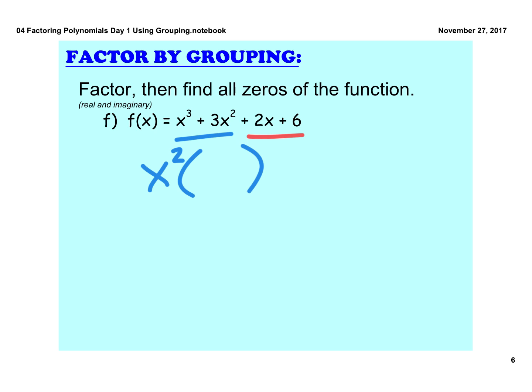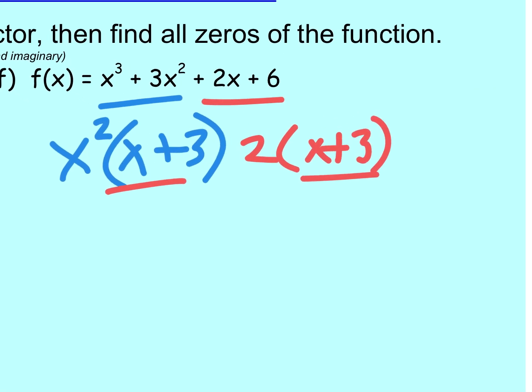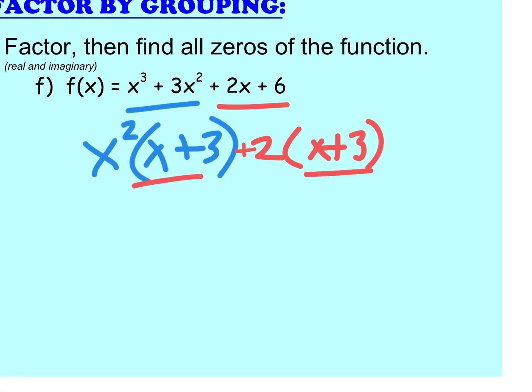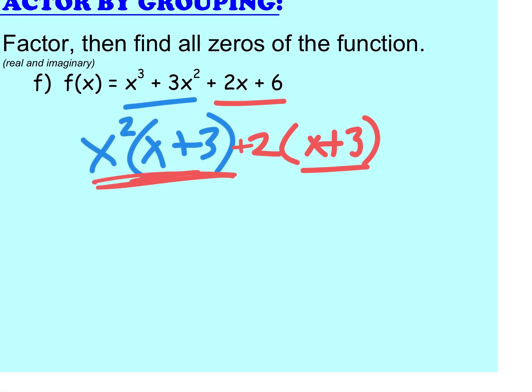x squared comes out of the first part, and I get x plus 3. 2 comes out of the second part, and I get x plus 3. Whenever these are the same, then that's the common factor. I'm putting a plus right here, and that's kind of an important one. So you can see there's two separate terms. There's this term and there's this term.